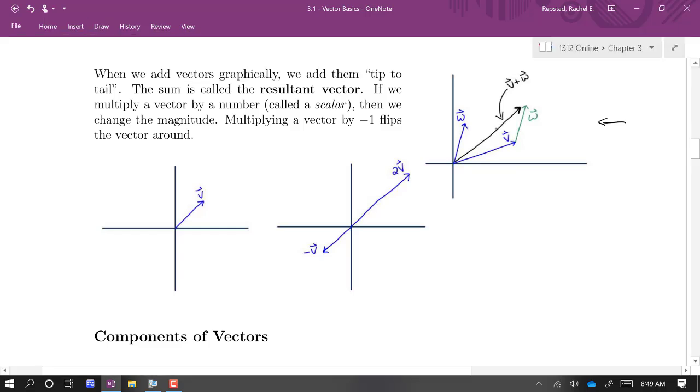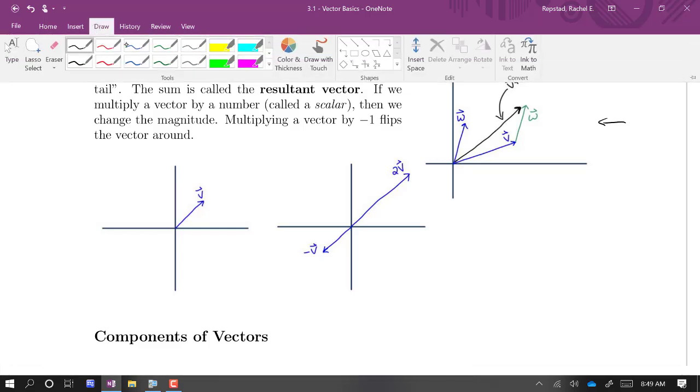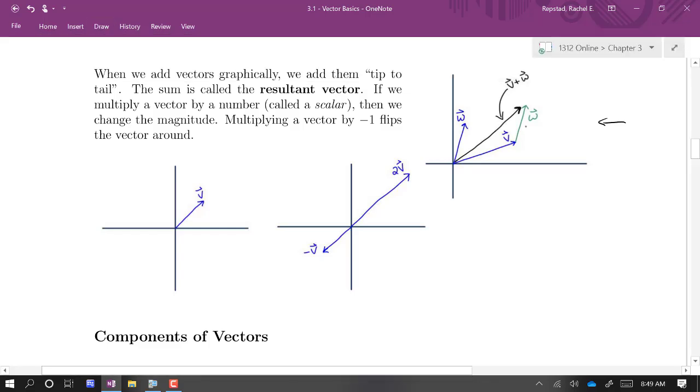Those are drawn in blue, and if I wanted to find the sum v plus w, one way to do it is to say I'm traversing the v vector, and then I'm sliding the w vector so that it begins at the end of the v vector. It's not rotating at all. And where it ends is where the end of the resultant vector is. So the black vector, the one drawn in black there, is the vector v plus w.